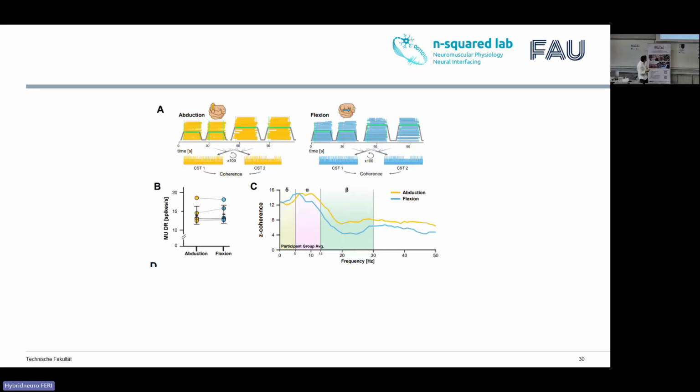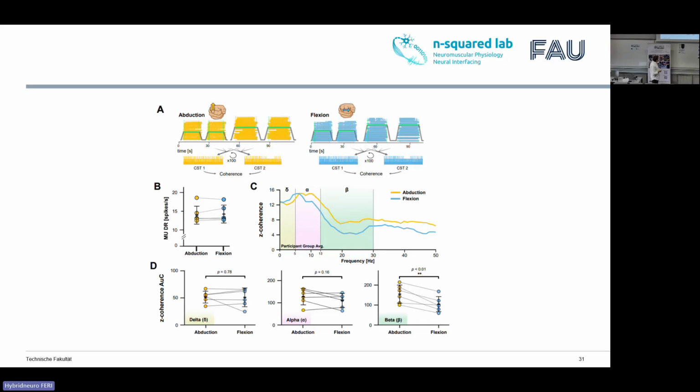And if we do that, if we look during the abduction and flexion, you can see this is the coherence at different bands. So you have the low frequency bands, the afferent bands, and the more cortical high frequency bands that come from motor cortex that we can study. When we looked at this, we found no differences in the low frequency bands, in the tremor, in the alpha and delta, but very strong difference across all participants in the beta band.